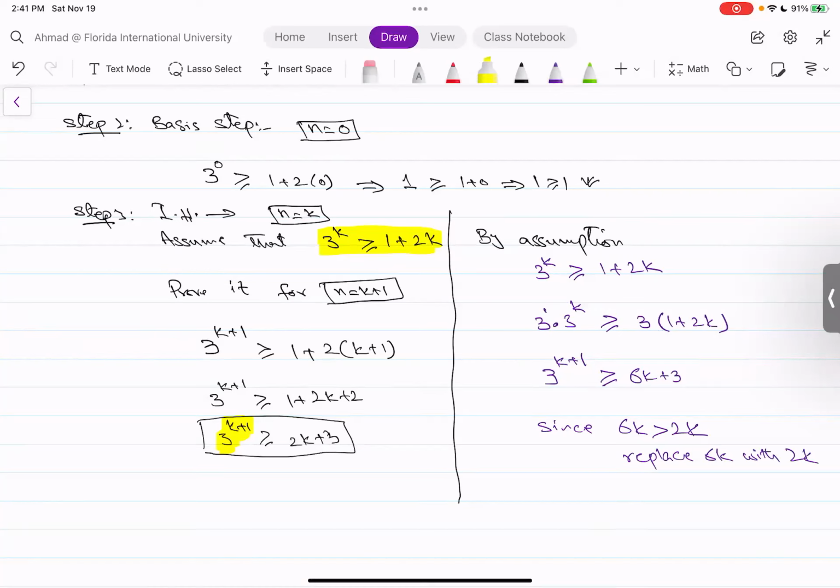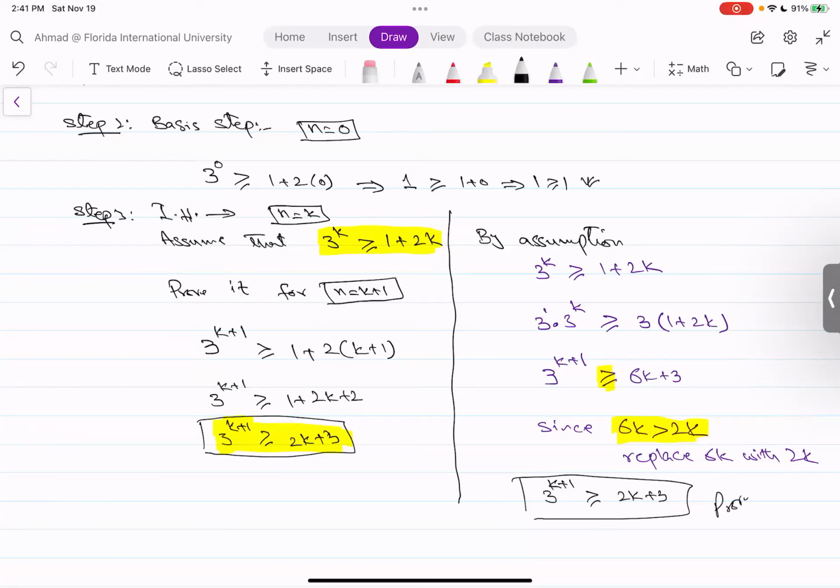Why? Because I know that 6k is greater than 2k, and we are working with a greater than sign, so we can substitute it here. In that case, what I get is 3 to the power of k plus 1 is greater than or equal to 2k plus 3, instead of 6k plus 3. That is exactly what we were supposed to prove for k plus 1, which is this one. So we have proved this inequality.